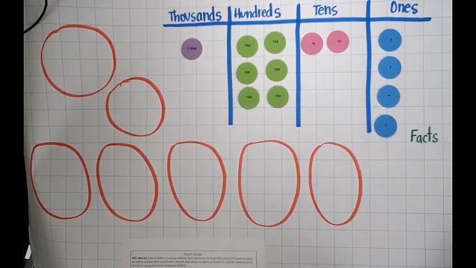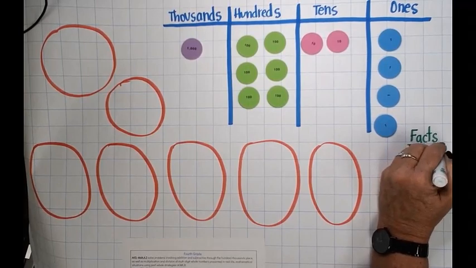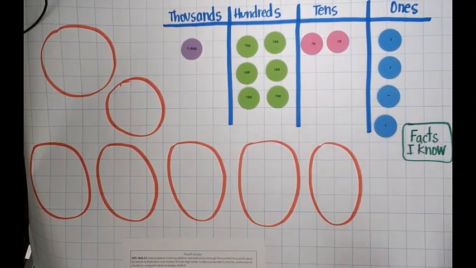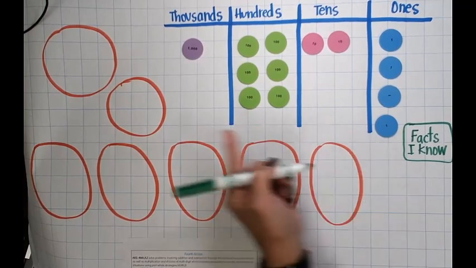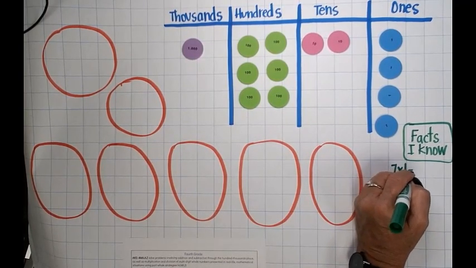So I like to write facts I know, just to help with my thinking. Now, most kids struggle with thinking about how to divide numbers. So I always tell them, let's think about the multiplication facts that you do know. I do know, because we have 7 athletes, that 7 times 1 equals 7.